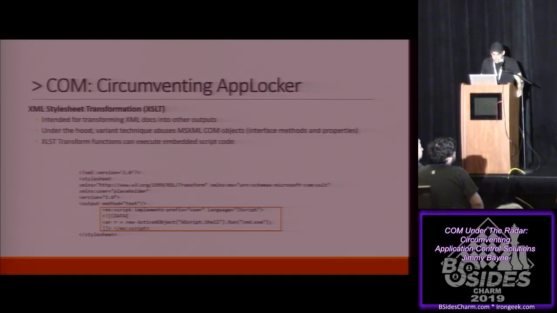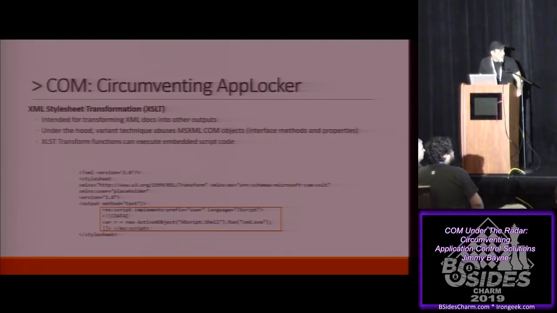The next bypass for AppLocker in this case is with XML style sheet transformation. This is another area pioneered by Casey Smith. He figured out a way to embed script code in these transform files.